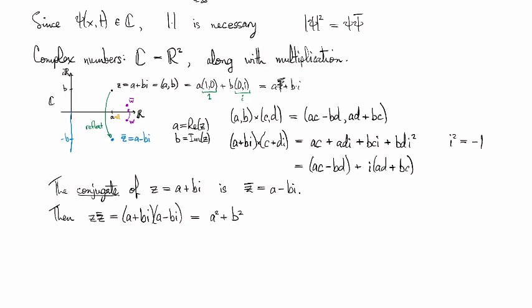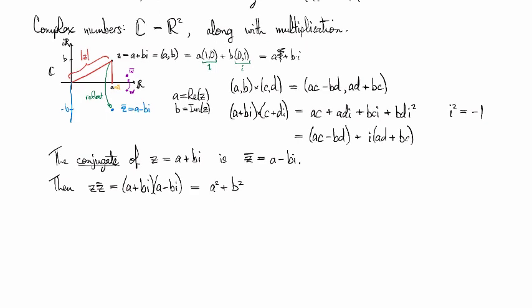And so going back to my diagram here, if I look at this triangle right here, then the magnitude of z is going to be exactly the square root of a squared plus b squared. And so in general, the formula is that the magnitude squared of a number is the number times its conjugate.